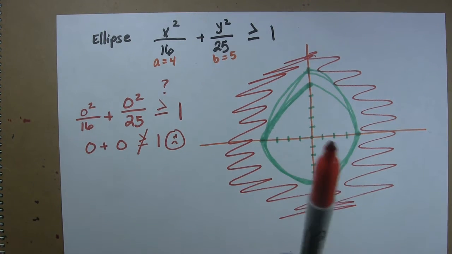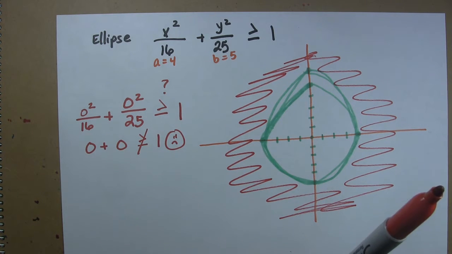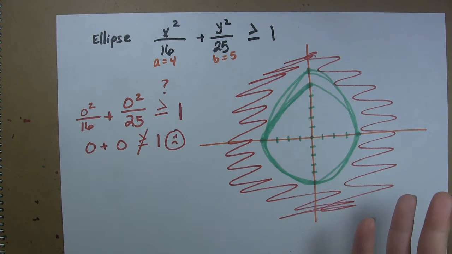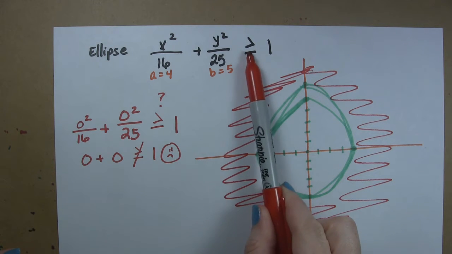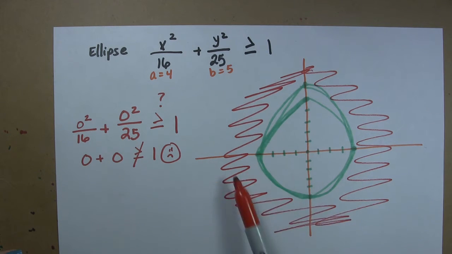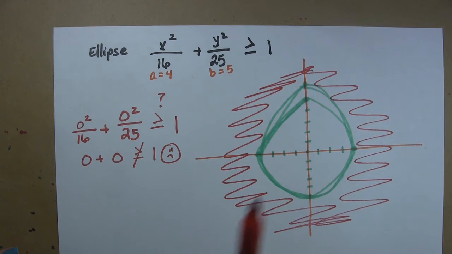Now, before I let you go, I know that some of you are always looking for the patterns in math, which is awesome because that's what mathematicians do all the time. And so you might have convinced yourself, oh, if it's greater than, then it must be outside the shape. And if it's less than, it has to be inside the shape. You might be thinking that, but you cannot assume that all the time. Okay?